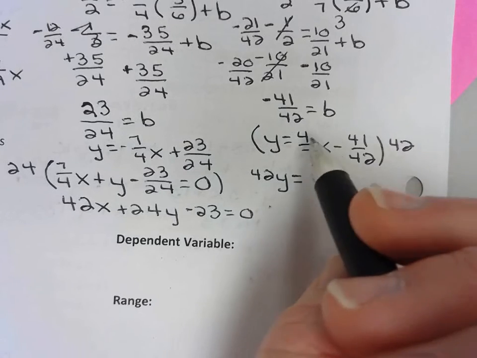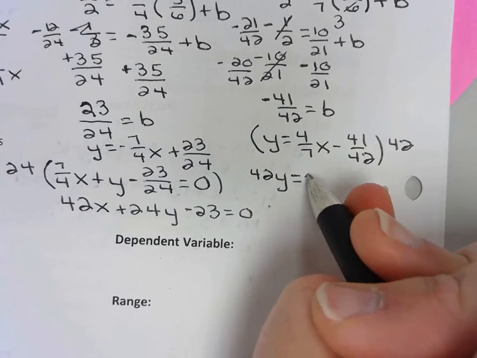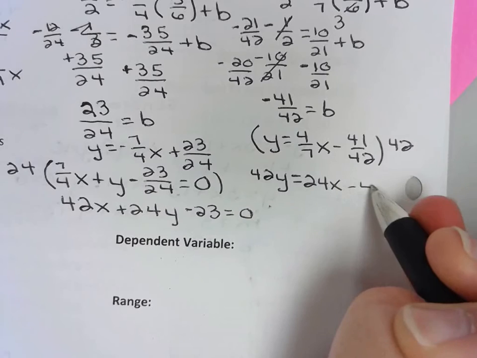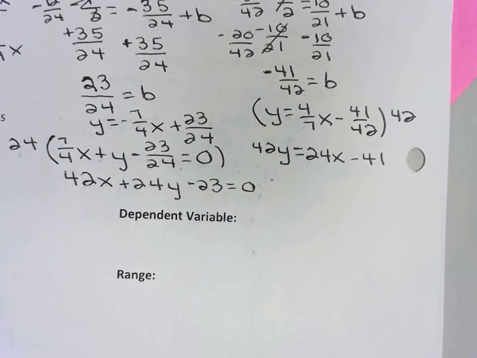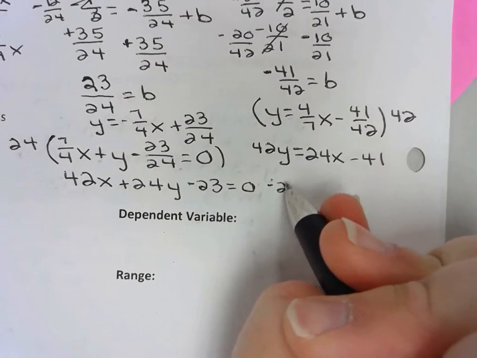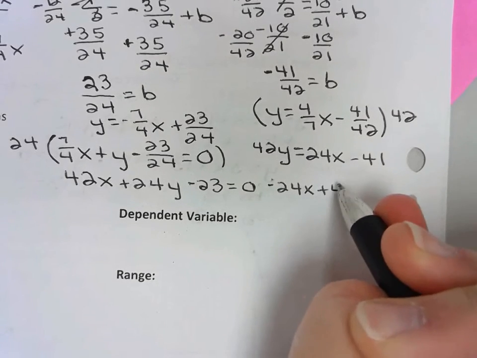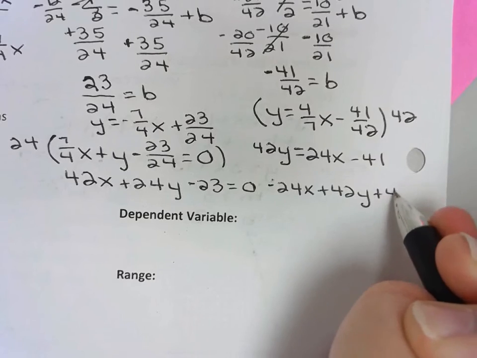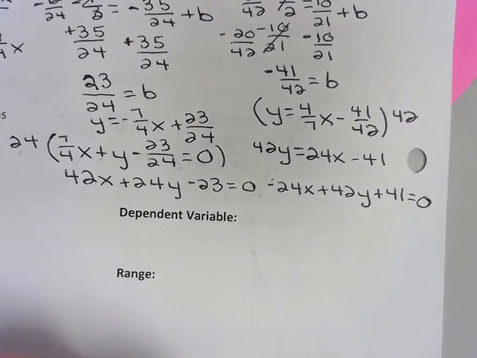So 42 will become a 6 when they cancel out. So 24x minus 41. And then move things around. So negative 24x plus 42y plus 41 equals 0.